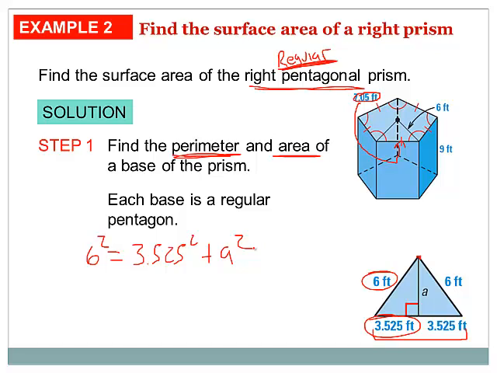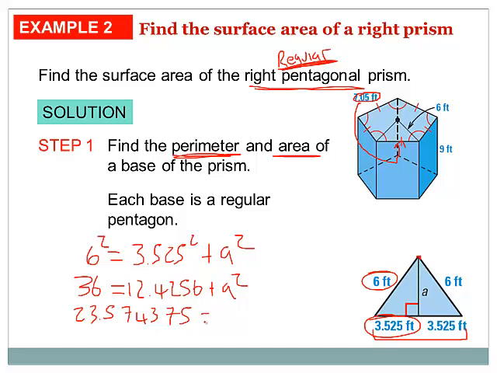So when I calculate this, we got 36 equals 3.525 squared, which gives us 12.4256. I just want to be as accurate as I possibly can. That equals A squared. So I'm going to do 36 minus this, which gives me 23.574375 equals A squared.